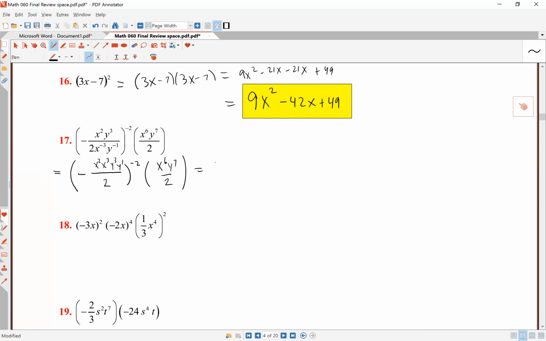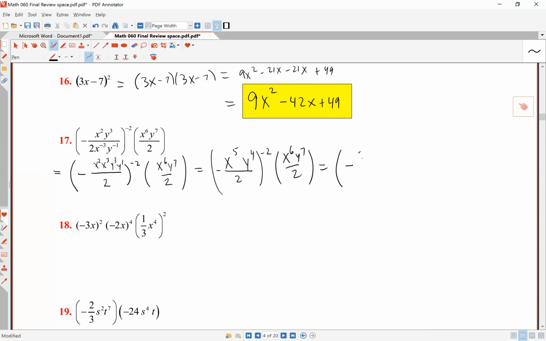Now, x squared x cubed is x to the 5th, y cubed times y to the first is y to the 4th, negative 2 as an exponent. The negative exponent on the first fraction is going to flip everything. 2 goes top, x to the 5th, y to the 4th, squared, x to the 6th, y to the 7th, over 2.